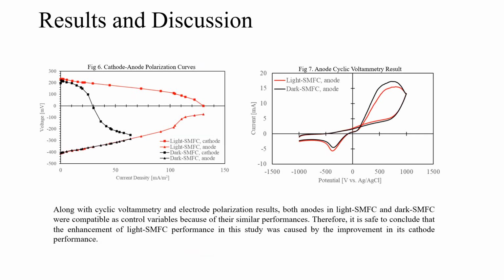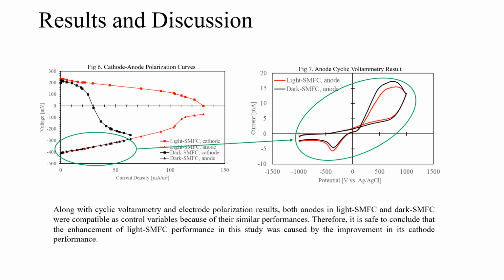Along with cyclic voltammetry and electrode polarization results, we can see here that both anodes in light SMFC and dark SMFC were compatible as control variables because of their similar performances. The performance of the anode on dark SMFC and light SMFC was similar in the polarization curves, and the cyclic voltammetry result also shows the same.